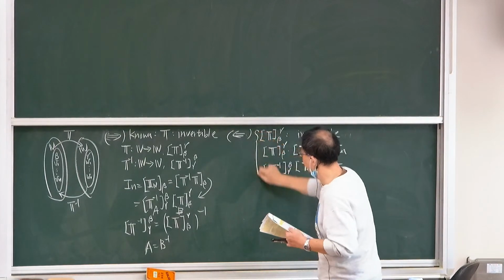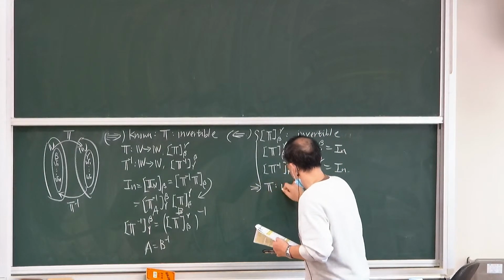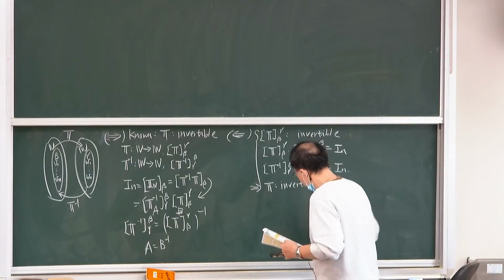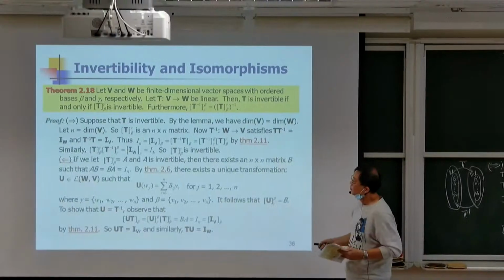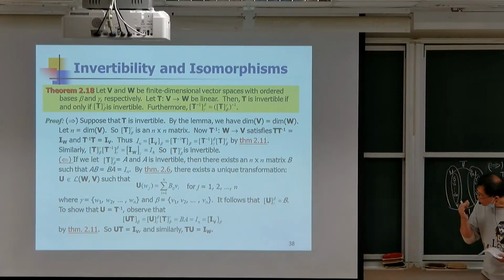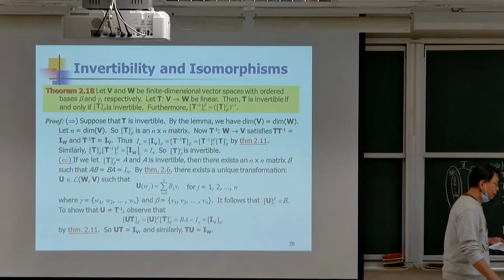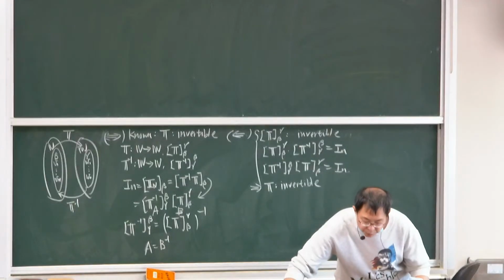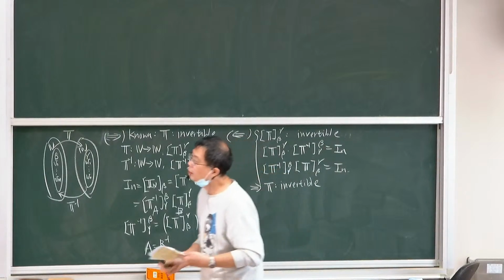We have already known this. Right now we want to prove T is invertible, so we want to prove it in the reverse way. I don't quite like the proof available in the textbook, so I will use my own way to prove it. It's pretty similar, but I think it will be more clear.